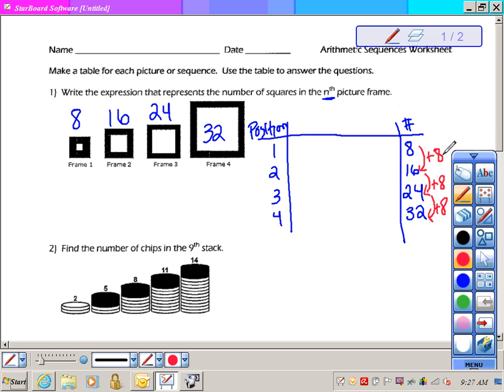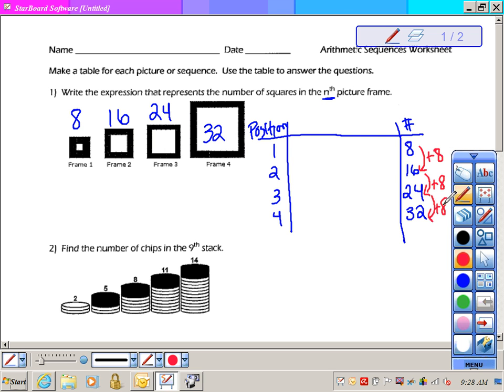This is a rule: if these are the same, then it is a sequence. So we have 8, 8, 8. If it ever was different, say it went 8, 6, 8, or 8, 9, 10, that would not be a sequence. Then you would just stop there and say it's not a sequence.